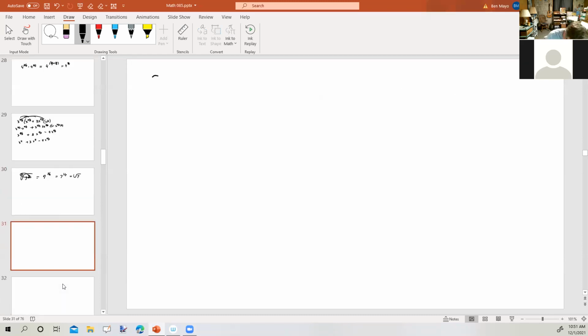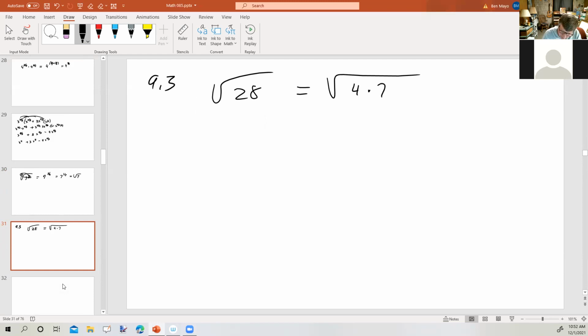And so now we're taking a look at section 9.3, simplifying and combining radical expressions. So if you've got the square root of 28, you're taking a square root, you're looking to unsquare perfect square factors. So I would break this down into squares and leftovers. Then I could say, well, the square root of 4 is 2 on the outside.